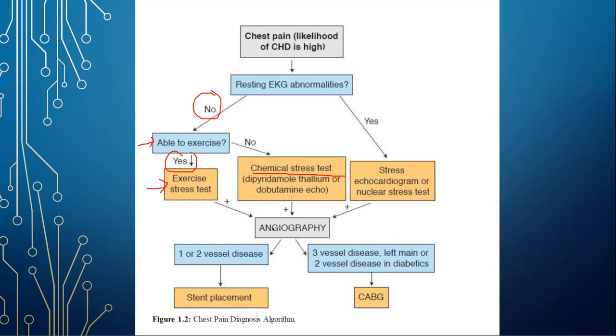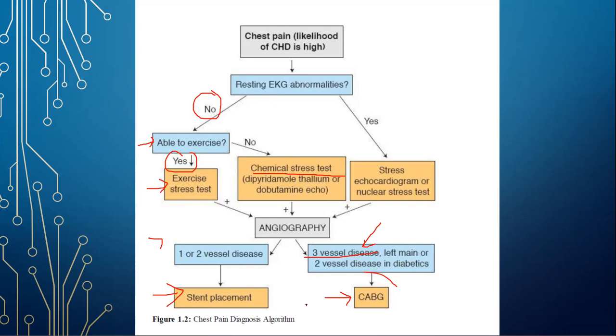Now, with the angiography, if it shows one or two vessel disease, which means one or two vessels having more than 70% stenosis, that patient benefits from stent placement, which is angioplasty. If three vessel disease, or the patient has left main coronary artery disease with diabetes, that patient needs CABG.